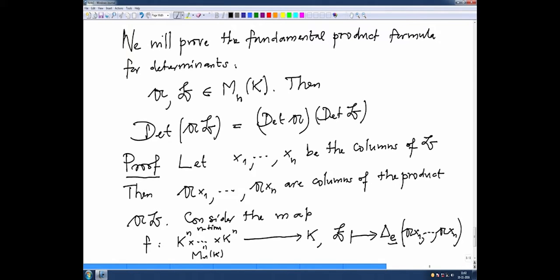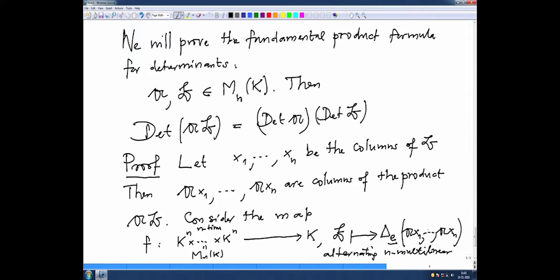First thing I want to check is that this map is alternating and n multilinear. First let me check multilinearity in each variable.